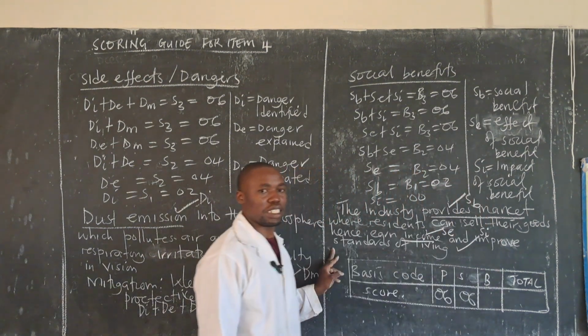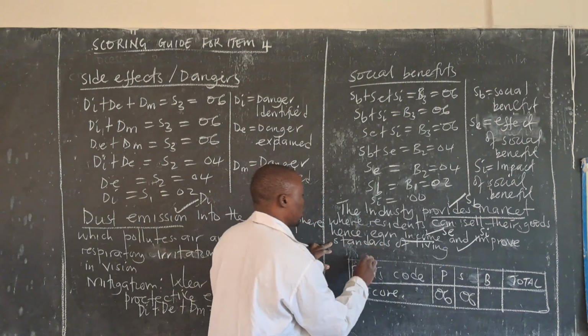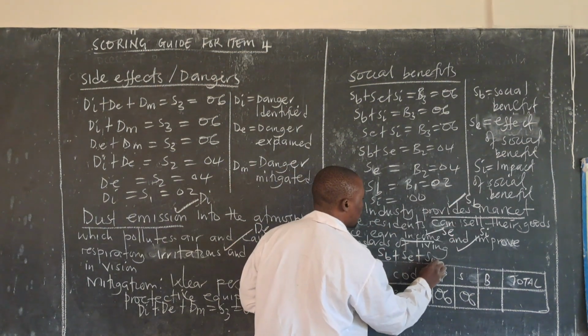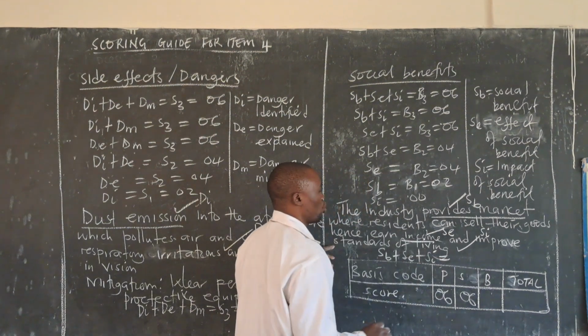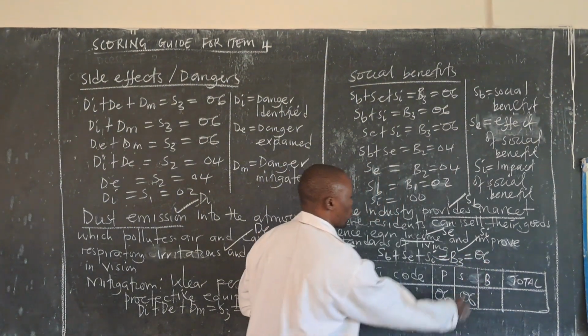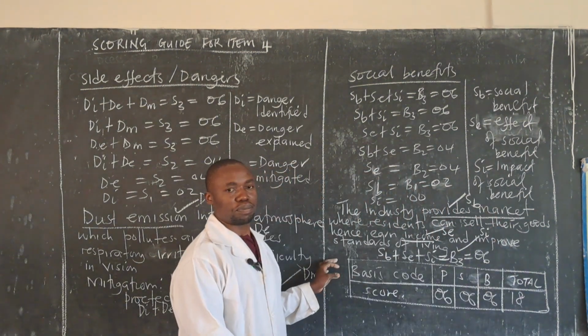We put a tick, SI, then we go below the learner's response and indicate SB plus SE plus SI equals B3 equals 0.6. So you transfer this 0.6 here, total score 18 here.